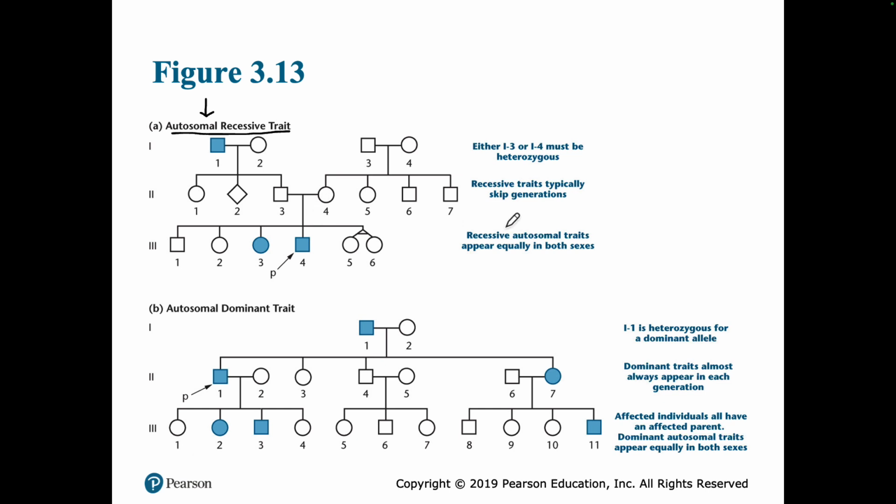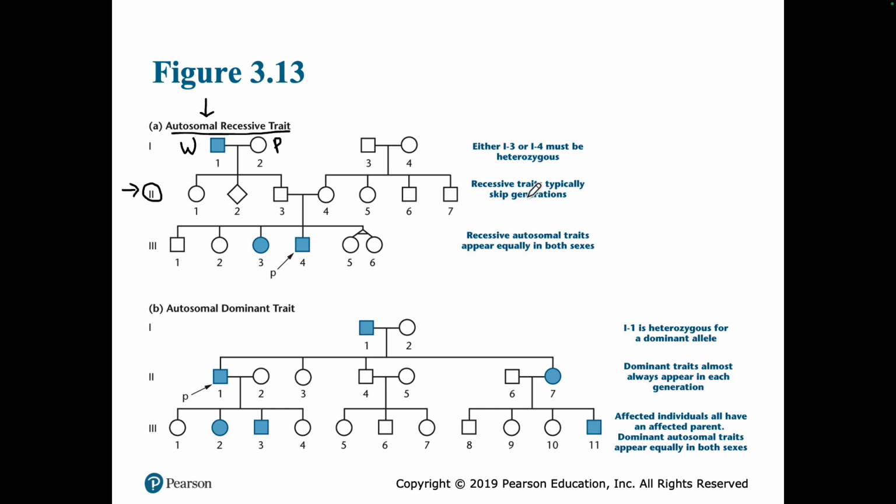So when a trait is recessive, like even our purple and white flowers, this might be the purple flower, right? This would be the white flower. You often see that it skips a generation. So we see that none of the individuals in generation 2 are afflicted. So that's a very, very good sign that you're looking at a recessive trait.